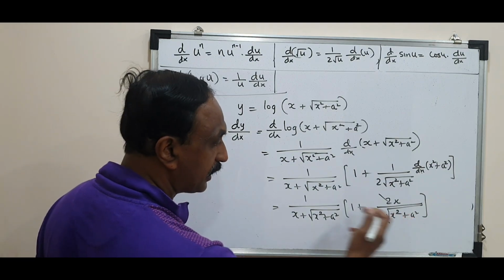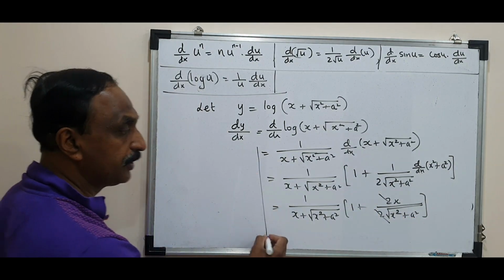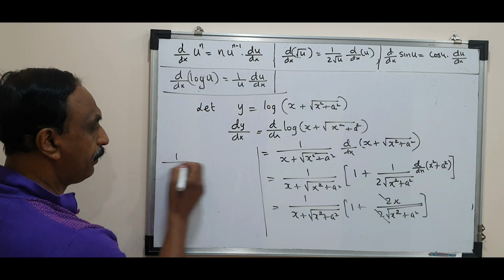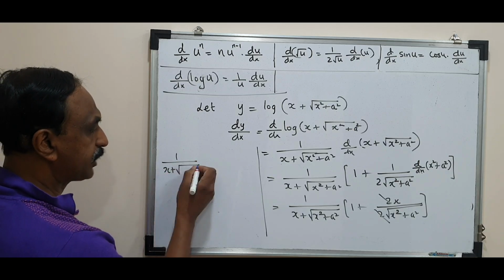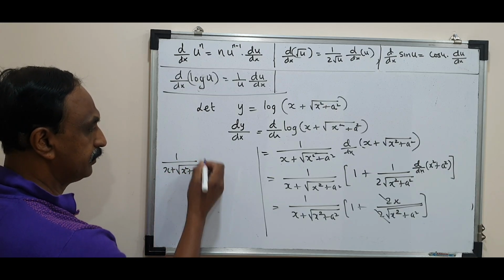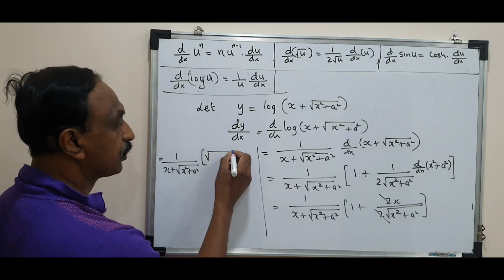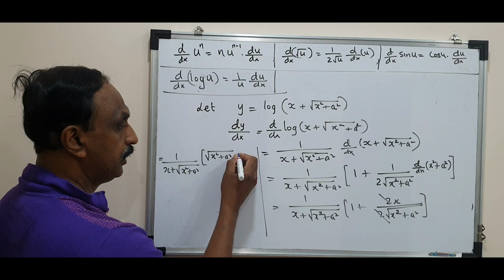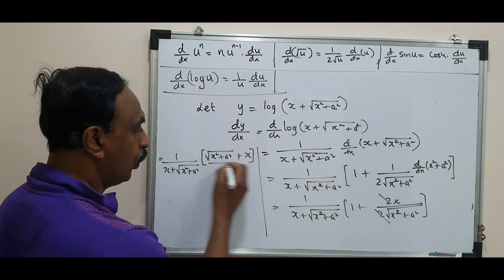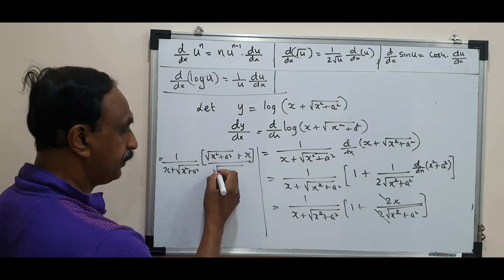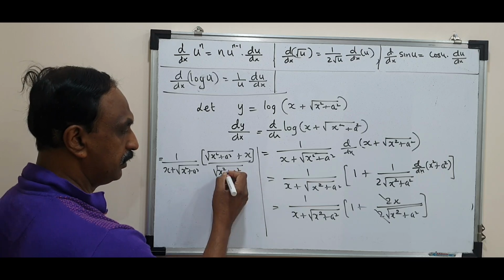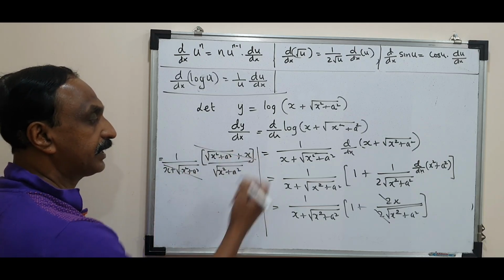Now what I'll do? I'll take the LCM. The beauty of this problem is this LCM. 1 upon x plus root x square plus a square into, when you take LCM, root of x square plus a square plus x whole divided by root of x square plus a square. This is the beauty of this problem. They get cancelled.